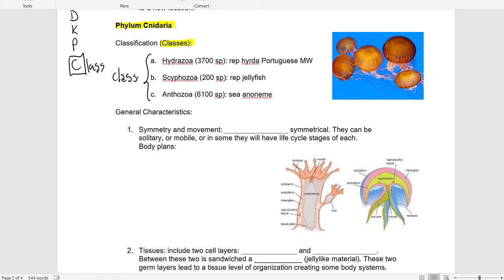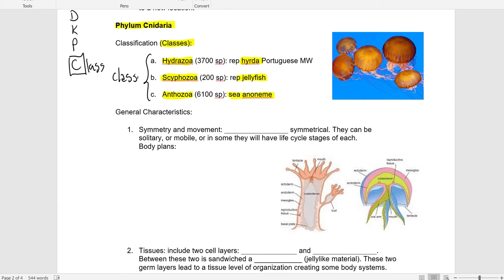So we've got class Hydrozoa, and if you go back to your mystery protist, I gave you this mystery organism which you had to try and figure out, and that was a Hydra. I'll show you a picture in just a second. Then class Scyphozoa. So if you can remember this as jellyfish, and then Anthozoa, which is your sea anemones.